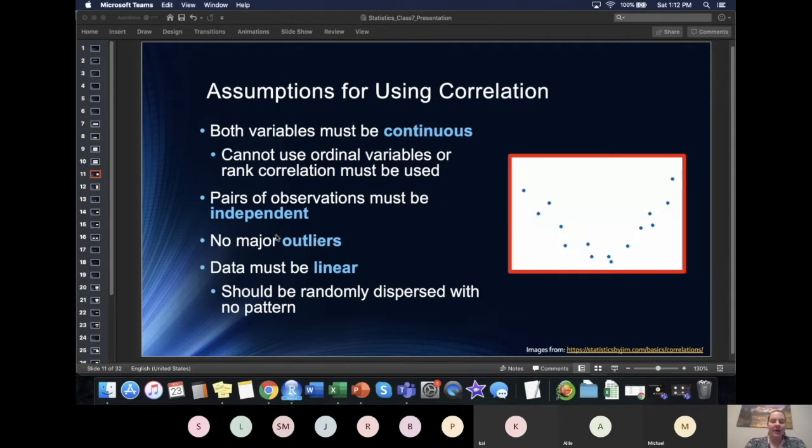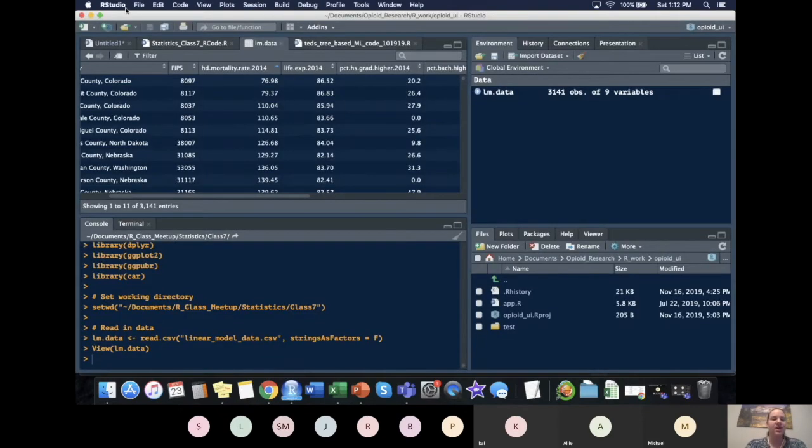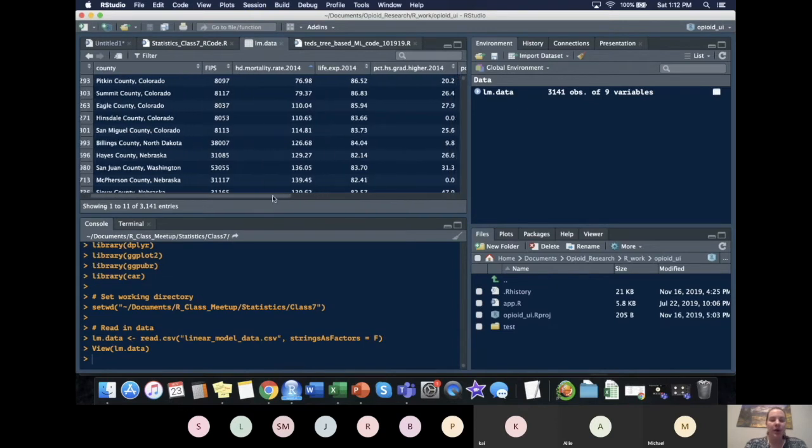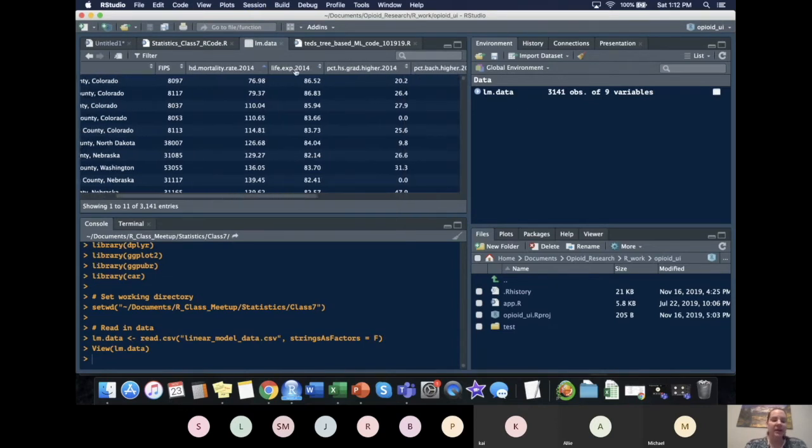So the first assumption is that it's continuous. The pairs of observations must be independent. So what does that mean? Let's go in. I'll just do these two because they're side by side. Say we're trying to find the correlation between the mortality... actually, that is a terrible explanation.